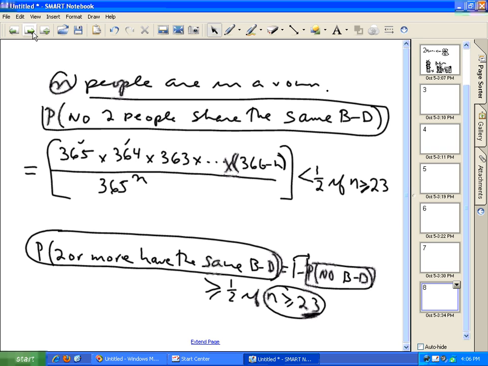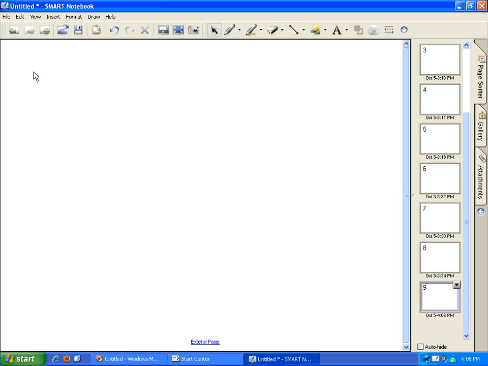Okay, the next problem is rather interesting. Suppose you have a deck of cards and you turn over one card at a time. And then eventually the first king comes up. We want to know the probability that the next card is another king, say the king of spades.